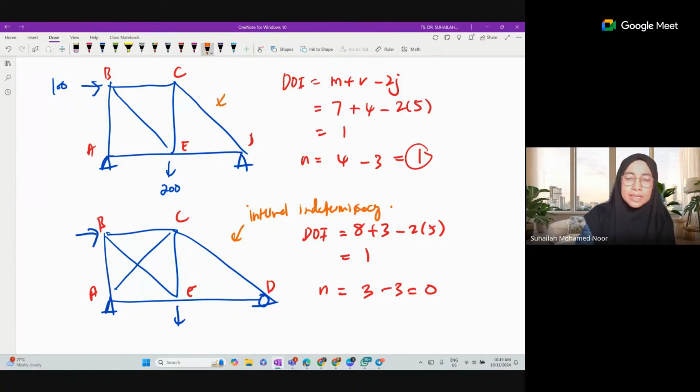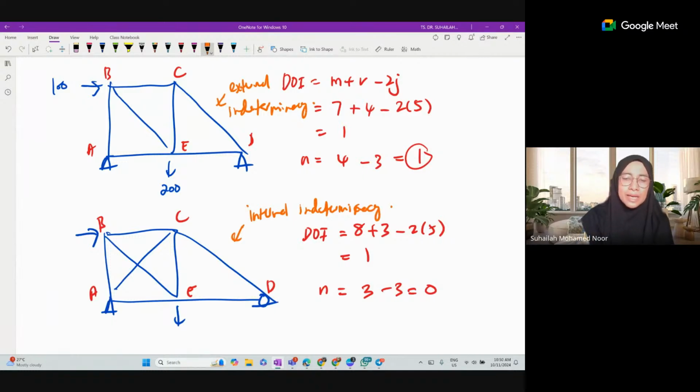So this one is external indeterminacy. External indeterminacy means the redundant comes from a support reaction, but in the other one, the redundant comes from a member force. That's the difference between external and internal indeterminacy.